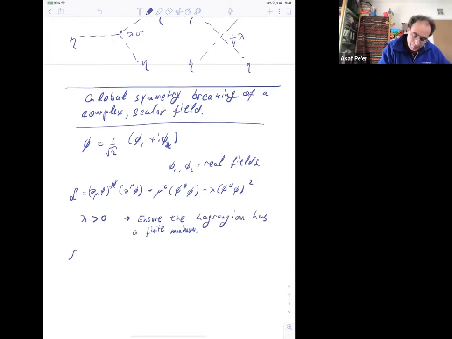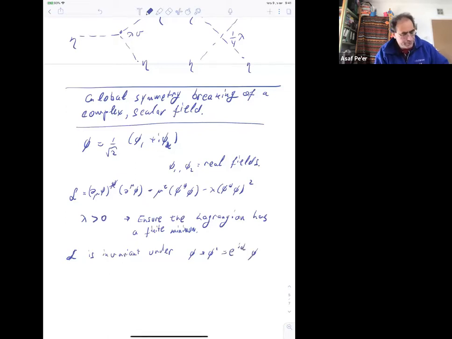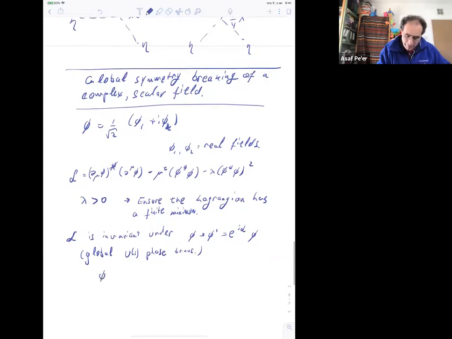L is invariant under phi goes to phi prime equals e to the i alpha phi, because obviously phi prime star phi prime is phi star phi. Should be quite straightforward by now.